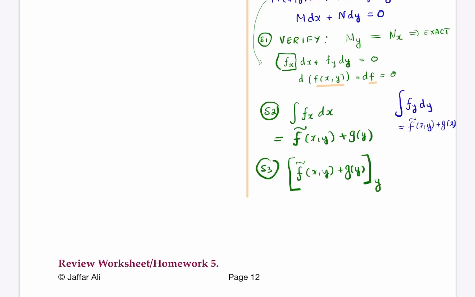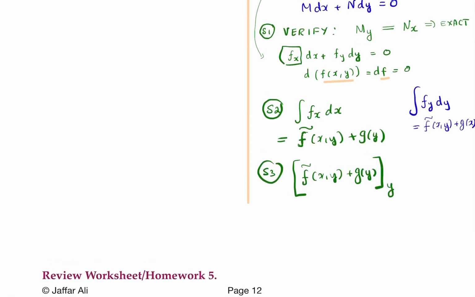And by the way, what is this? This is your f. As soon as you figure this out, what is this then? This actually is, if you really see, your f of x comma y with respect to y.